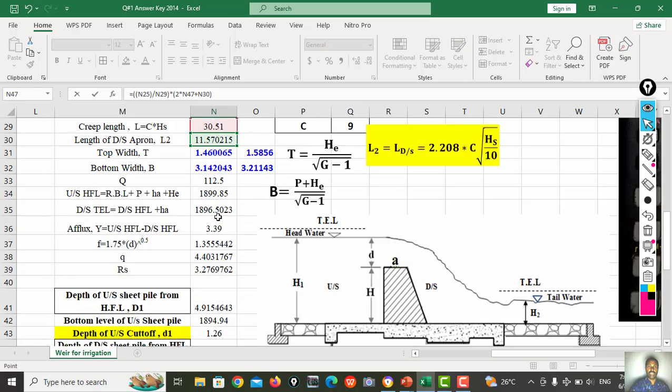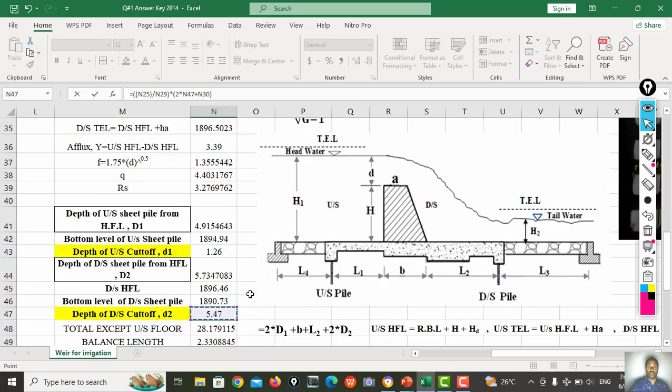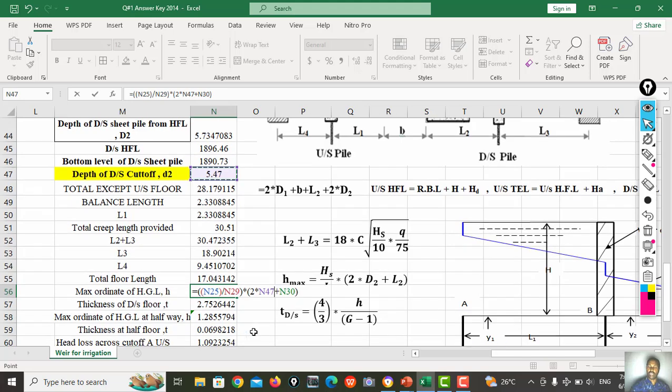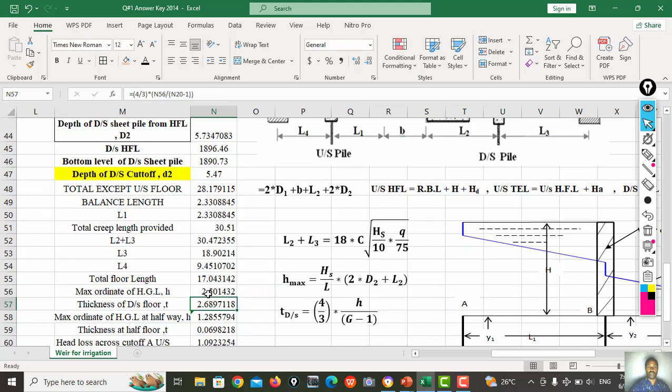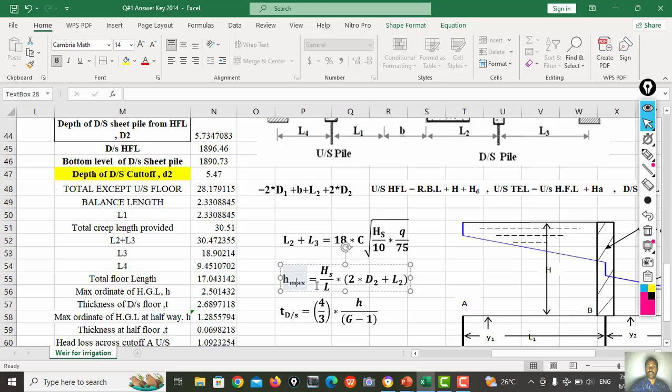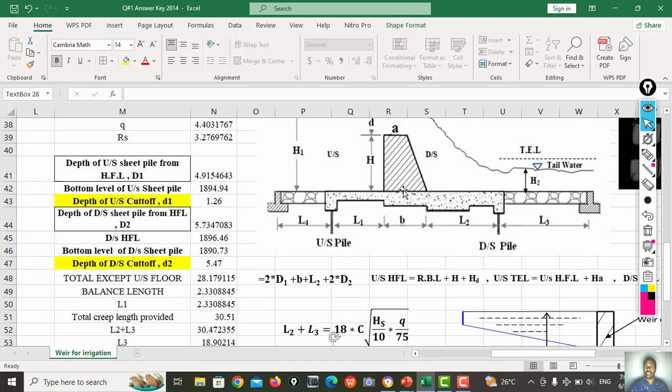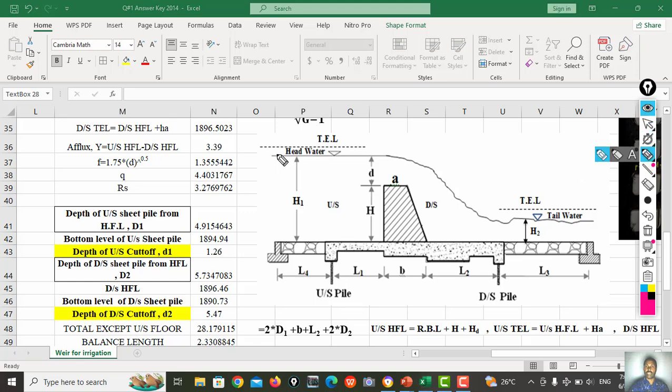L2 is already here. So according to this equation, you can solve. So it will be 2.5. So this is the maximum ordinate of hydraulic drain line, which is just going like this. Ordinate of hydraulic drain line like this.